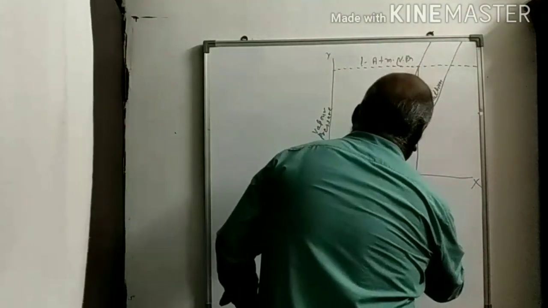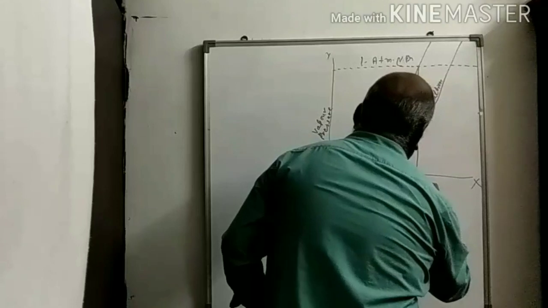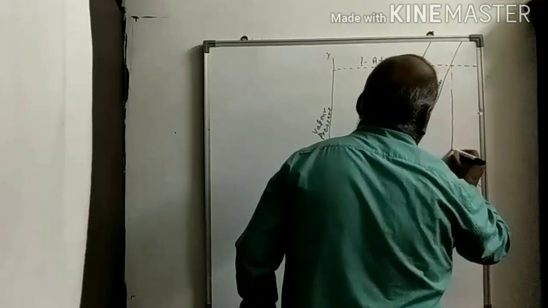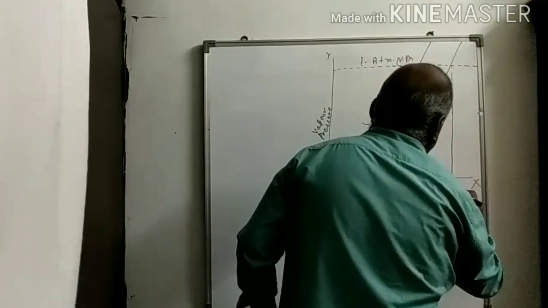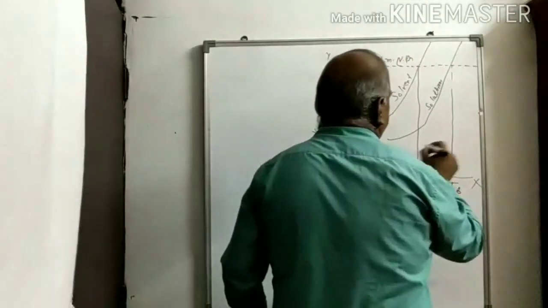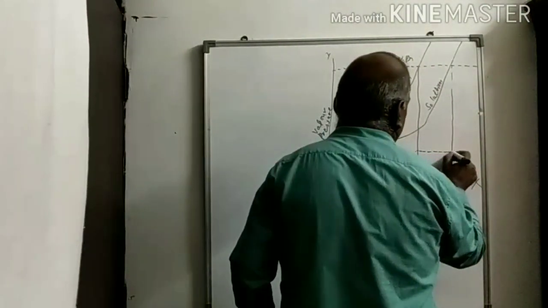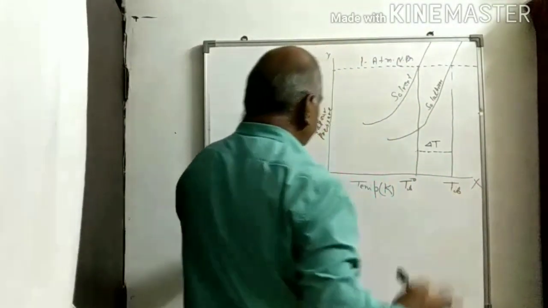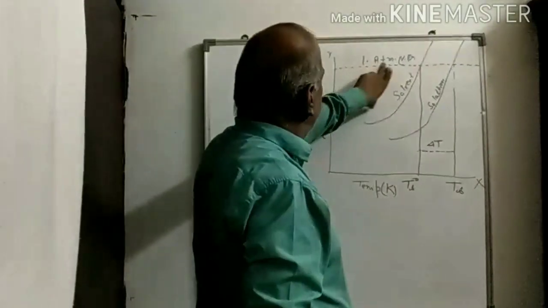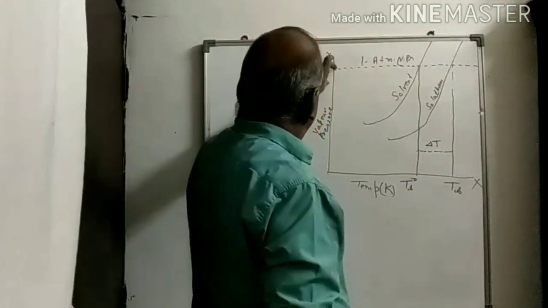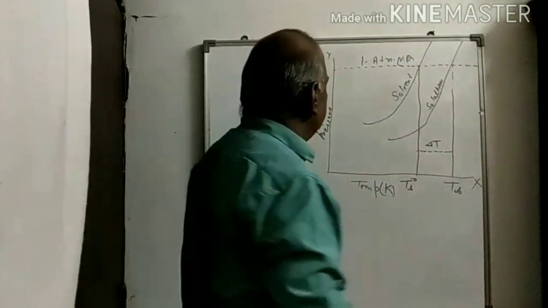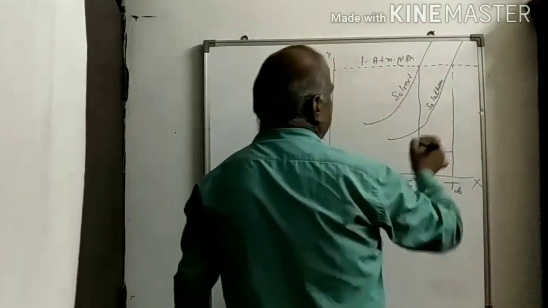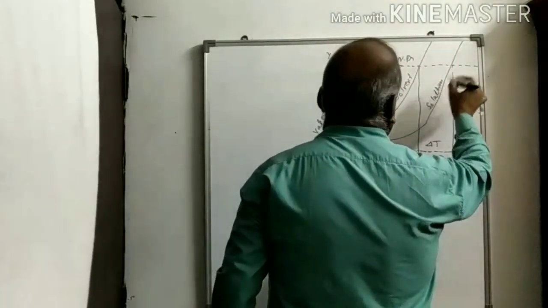This temperature is considered to be Tb naught. This is Tb, and the difference between these is the elevation of boiling point, that is delta T. The 1 atmospheric vapor pressure is taken to the dotted line, and this curve is the solvent reading, and this curve is the solution reading.